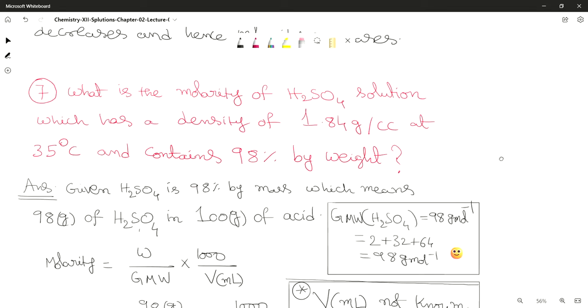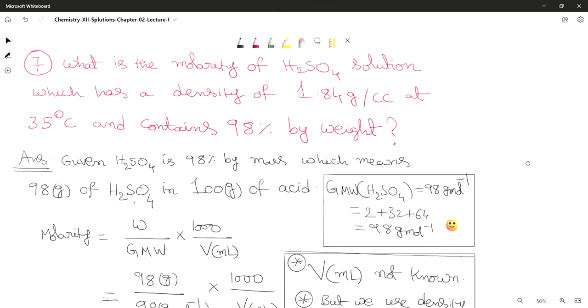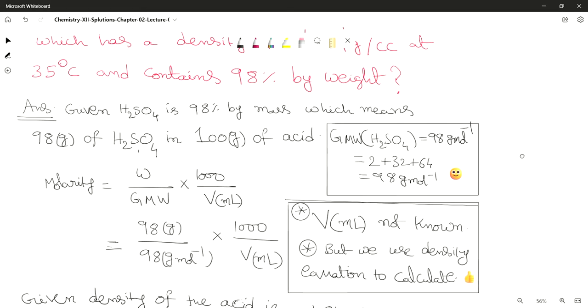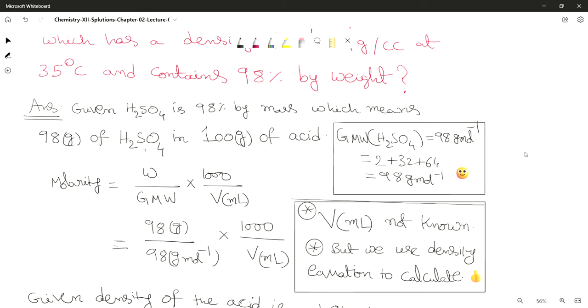And next one, what is the molarity of H2SO4 solution, that is the sulfuric acid solution, which has a density of 1.84 gram per cc at 35 degrees centigrade and contains 98% by weight. So the given H2SO4 is 98% by mass, which means that 98 grams of H2SO4 is present in 100 grams of acid, and the gram molecular weight of H2SO4 works out to be 98 gram mole inverse.